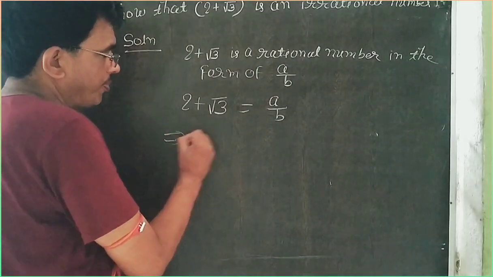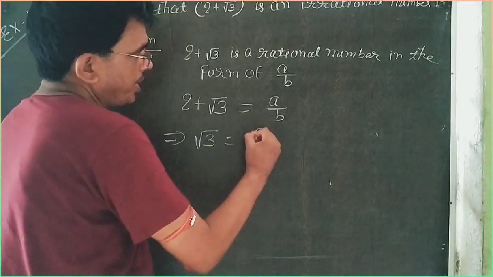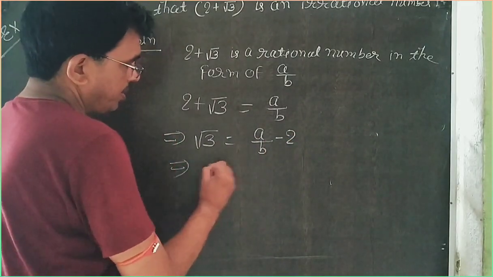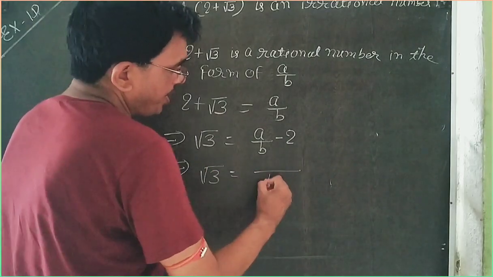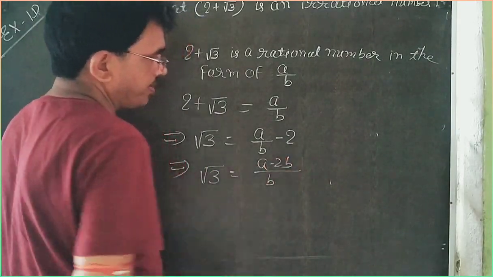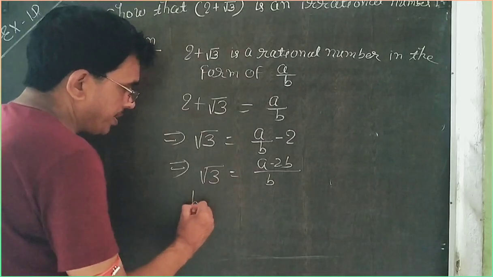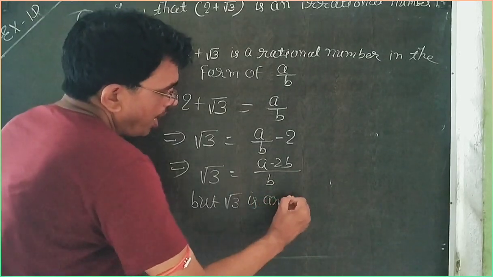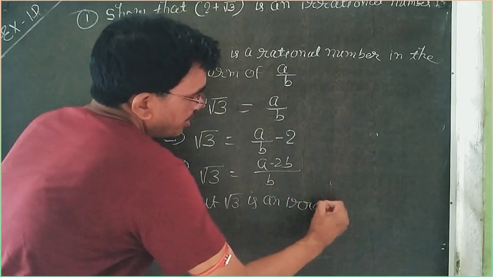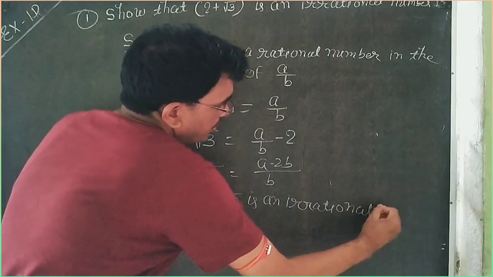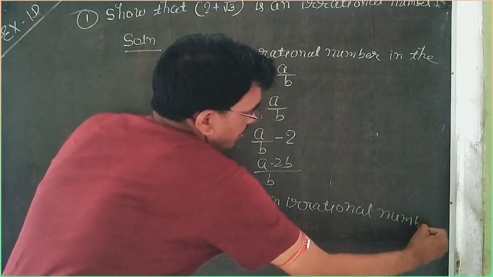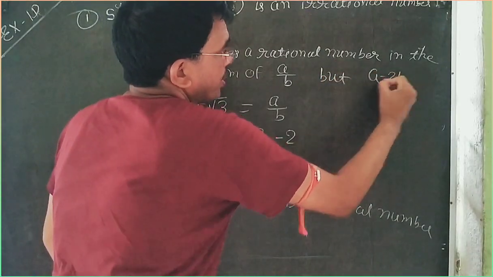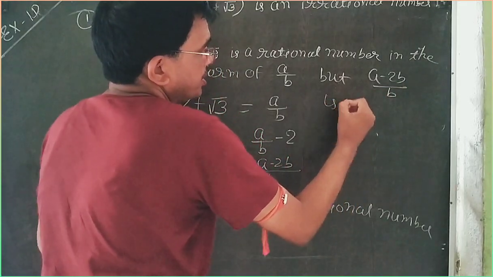So what is the value of root 3? Root 3 is equal to a by b minus 2. Then root 3 is equal to a minus 2b by b. Now we write: but root 3 is an irrational number, but a minus 2b by b is rational.